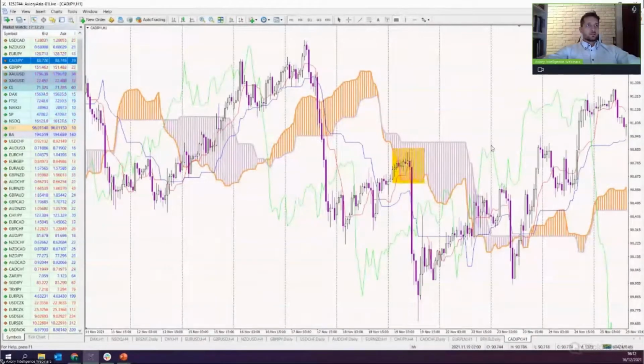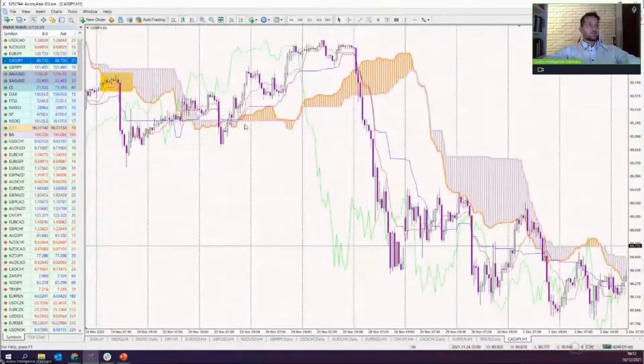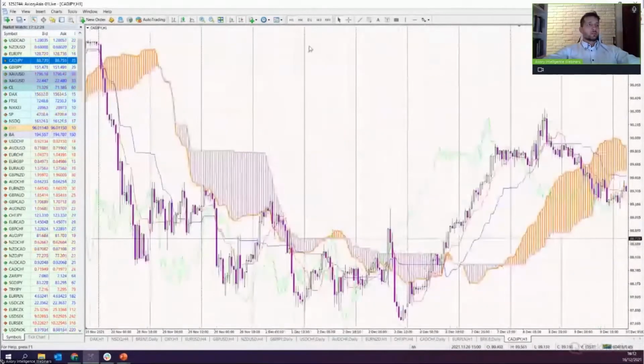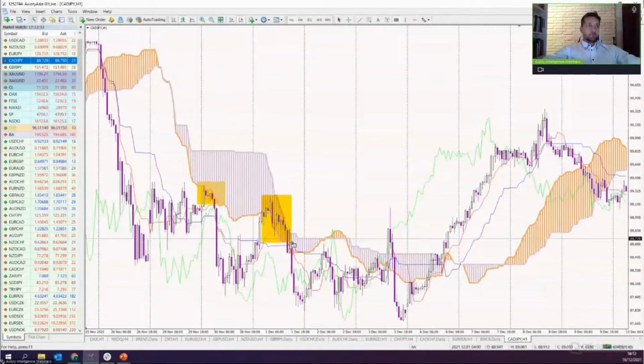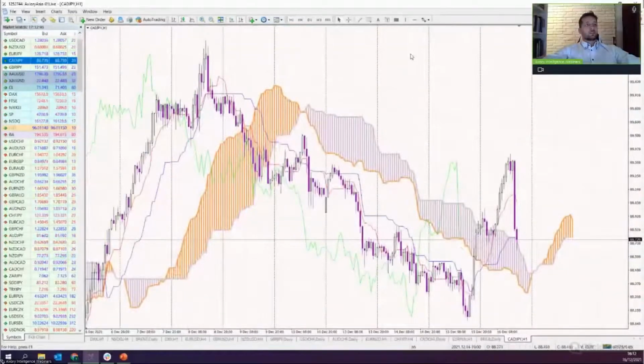Works as a resistance. Beautiful. Does it work as a support? Not really. Broken. Does it work as a resistance? Yes. Let's say yes. Then the breakout. Does it work as a resistance? Not really.